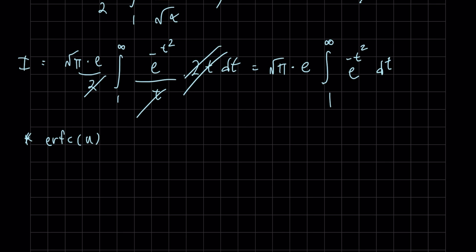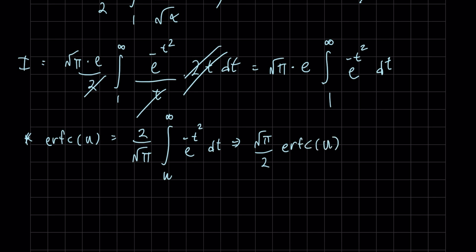And we will use the following fact that the complementary error function evaluated at u is 2 over the square root of pi times the integral from u to infinity e to the negative t squared dt. But that means that the square root of pi over 2 times the complementary error function evaluated at u is the integral from u to infinity e to the negative t squared dt.